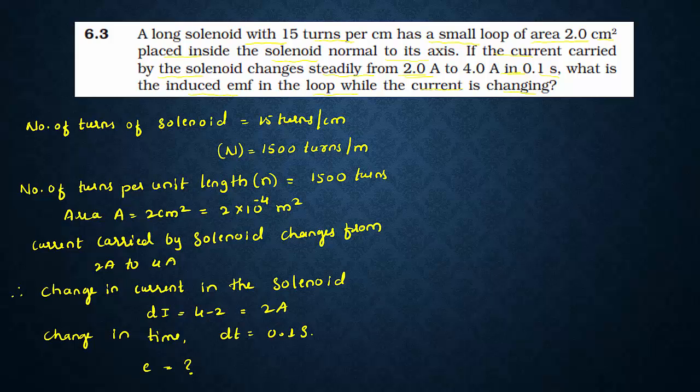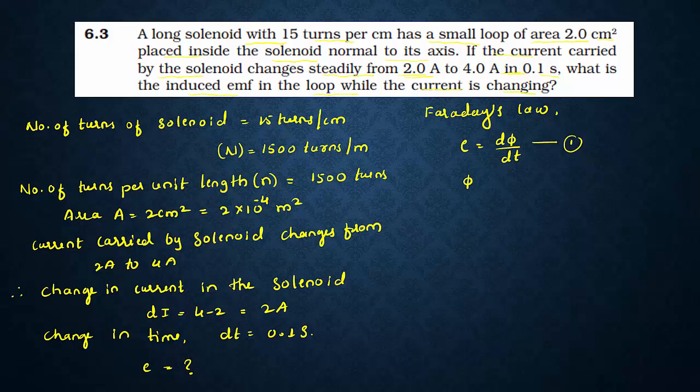So we know that according to Faraday's law, what is the equation of Faraday's law? That is E equal to dΦ divided by dt. Let us take it as equation 1, where Φ is the induced flux through this small loop.